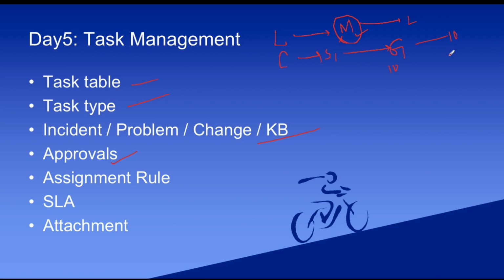If anybody approves that, it will go to the next step and the change will be moved to the implementation state. So approvals can happen in two ways: one is the group approval, another is the user approval. User approval is for a particular user who has to approve. Group approvals will generate all the user approvals. Like if the group has 10 members, it will generate 10 approvals, and if anybody approves, it will go to the next steps.